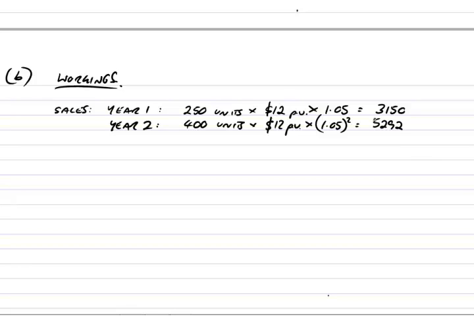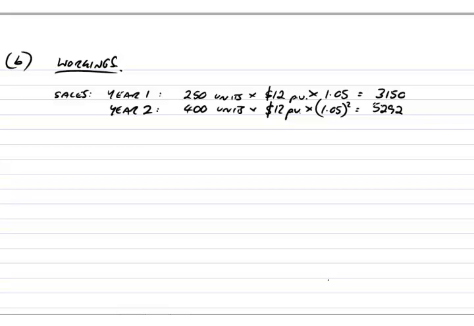Now, I'm not going to write the other 3 down because, as I say, I think all it does is waste time. It's obvious what I'm doing. If I get the other 2 wrong on my calculator, they'll know it's just a silly calculation mistake, and that's only half a mark. And, you know, speed does matter. So let's put them down, 3150 and 5292.